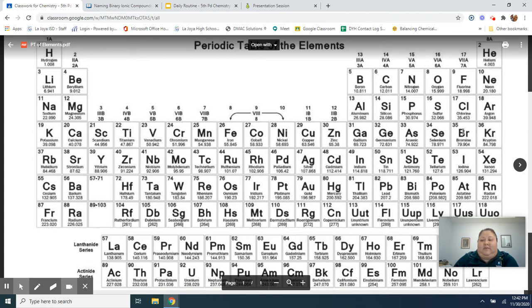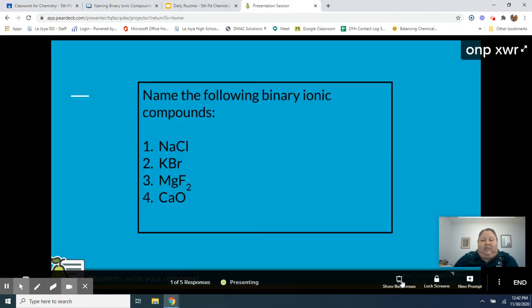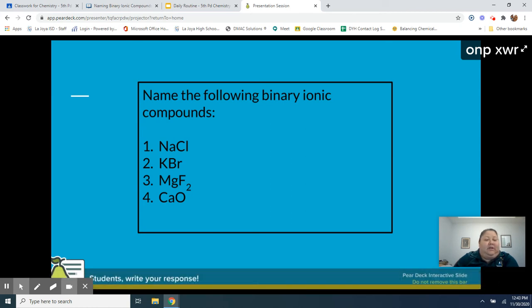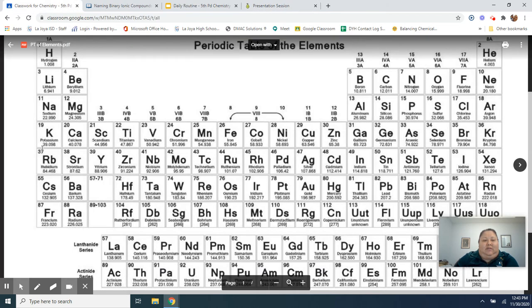K, element 19. Br, element 35. Is anybody there? Oscar, Efrain, Irvin, America, what's the name of K? Right here, element 19.